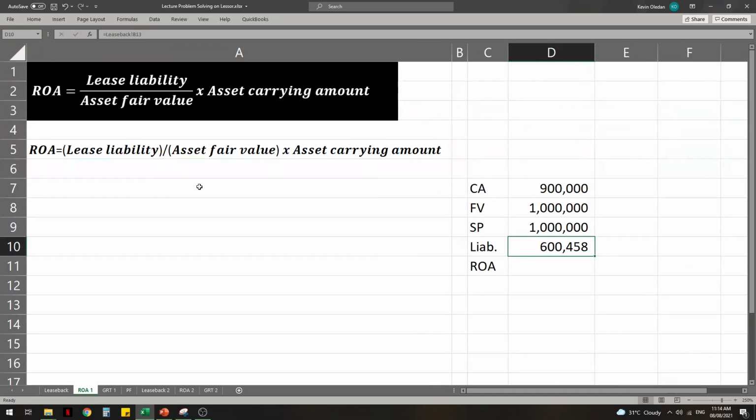Ito siya. Your ROA is simply equal to the lease liability divided by the asset fair value. Spoiler alert, ang ibig sabihin po ng division na to is you are trying to compute the ratio of rights retained. Lease liability over fair value of the asset is rights retained. Magkano ba ang rights na niretain ko? Magkano ang rights na bibilhin ko?